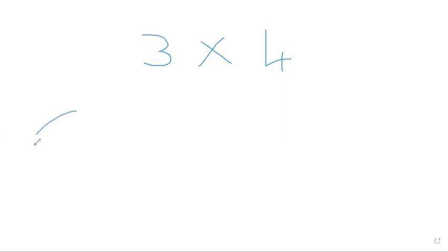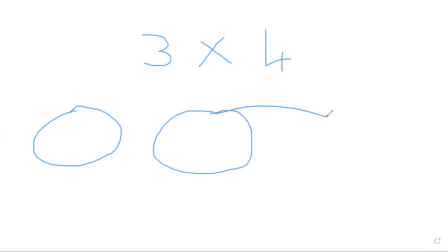So we're going to be drawing 3 groups because it's 3 lots of 4. As you can see, I'm still getting used to this. So our second number is 4, so in each group, I'm going to put 4 of my stars again. And then we're going to count them again.